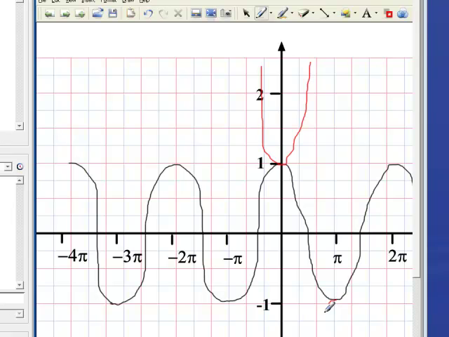And here it would look the opposite. And here you go. And so on.